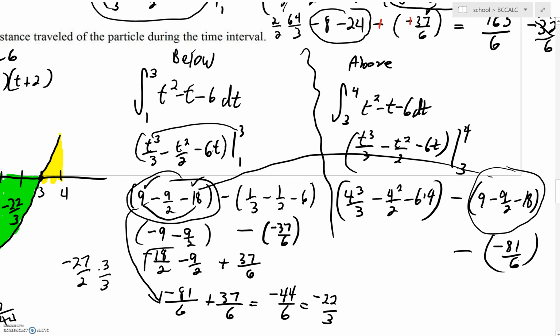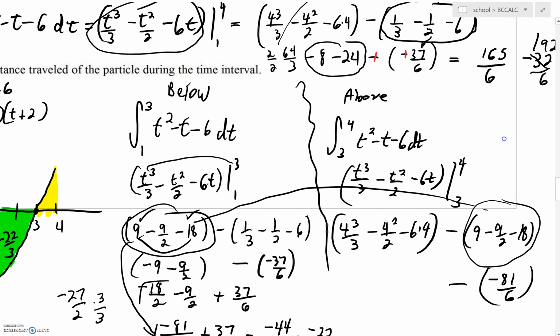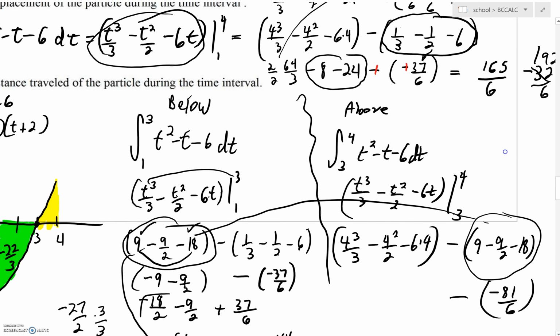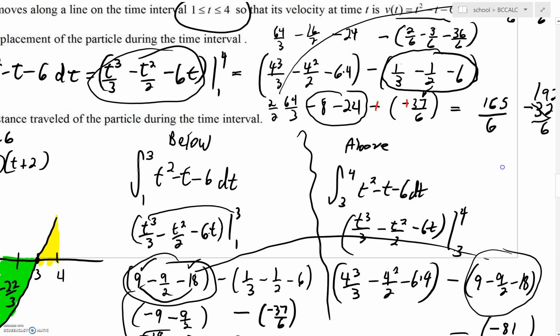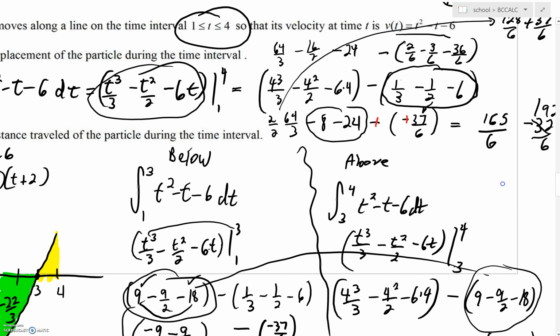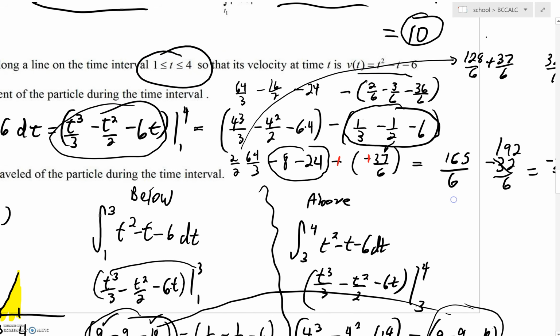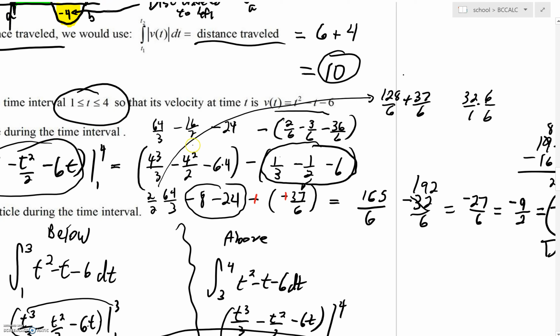You might say, wow, could we maybe luck out and see that we did something with the 4? You did earlier, if you think about it. When we were doing the displacement, this right here, the 4 cubed over 3 minus 4 squared over 2 minus 6 times 4, that really worked out as well, didn't it?